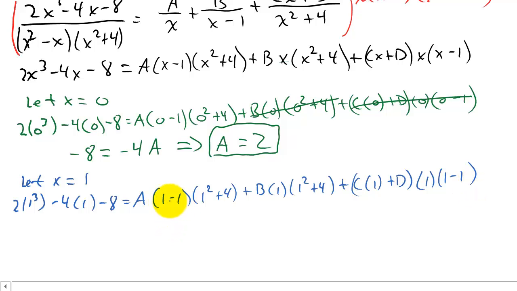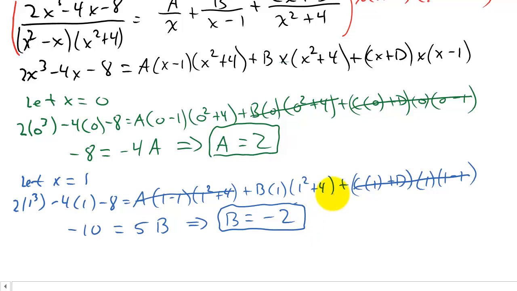Alright, so you can see the 1 minus 1 is 0, so that's going to take this term out. And the 1 minus 1 equals 0 here, that's going to take this term out. So once I do all my arithmetic, that's going to leave me with negative 10 equals 5b. So that's going to give me b equals negative 2. And so there's my b term.